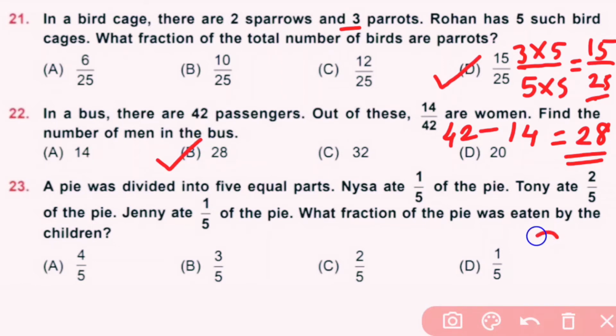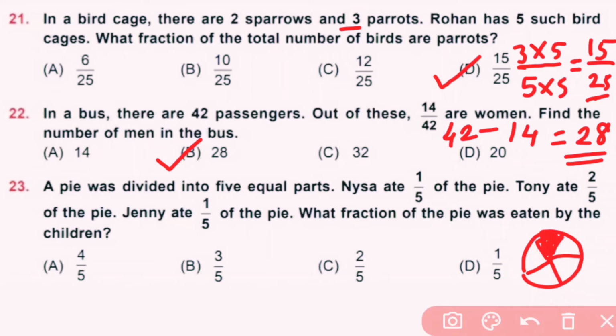So here one pie is divided into 5 equal parts. Now 1 by 5 eaten by Nasa means out of 5 parts she ate 1 part. So this is eaten by Nasa.